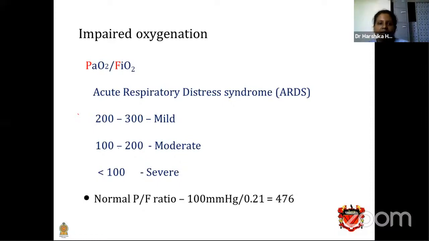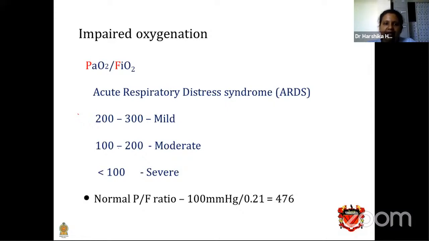Depending on this PF ratio, we classify acute respiratory distress syndrome into 3 categories depending on the severity of this index. Now you can appreciate that in a normal healthy adult, the PF ratio is above 400, somewhere between 400 to 500.